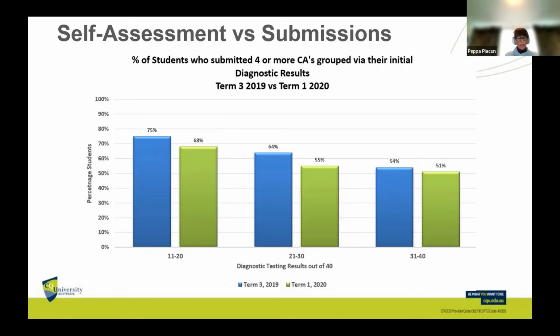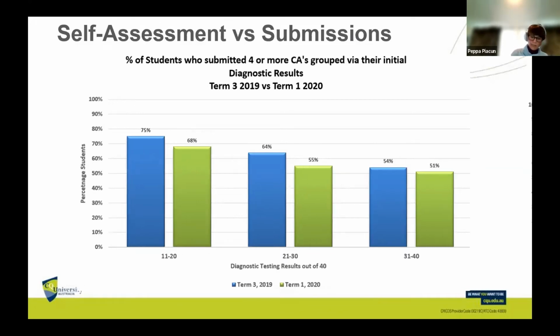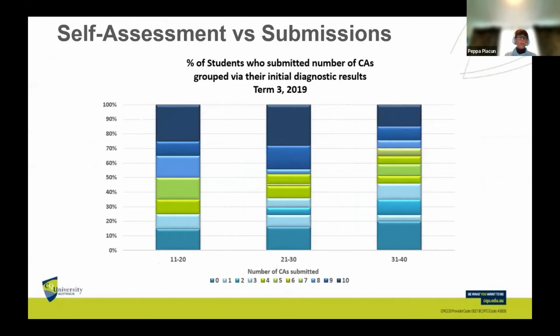And when we completed a more thorough regression analysis, we found that in term 3, 2019, there was a significant correlation between the initial diagnostic testing results and the number of CAs. And we can see this in the more detailed graph here, which shows the percentage of students who submitted each number of CAs, between 0 and 10 throughout the term, again grouped by their initial diagnostic testing results.